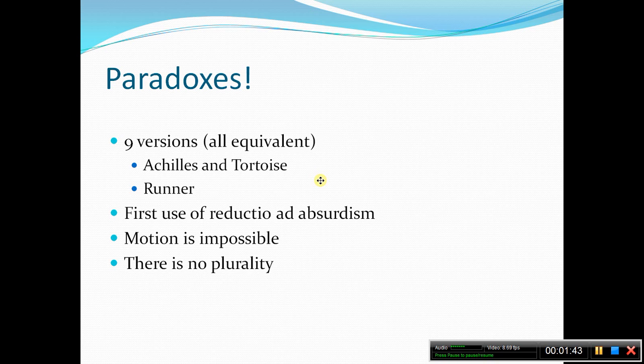And if you can show there's a contradiction, then you can entail that one of the premises must be false. And that's really what Zeno was attempting to do.